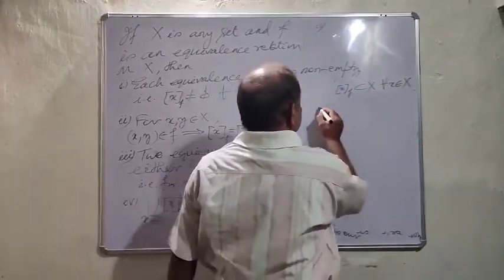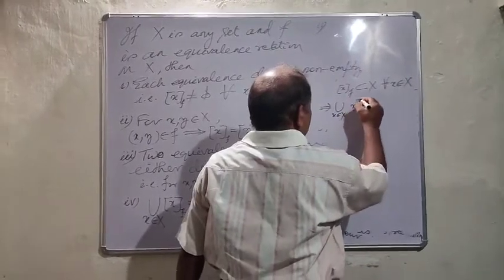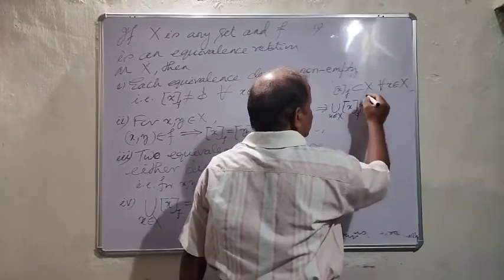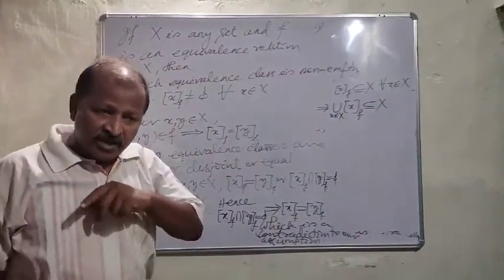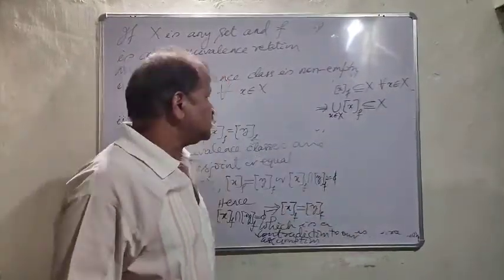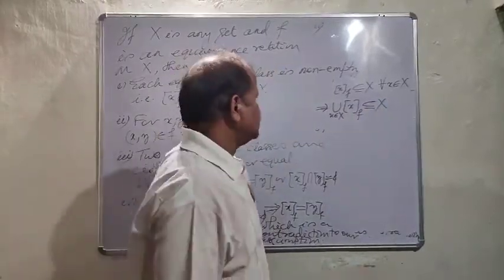That means their union of such subsets must be a subset of X. If you take the union of all the subsets of X, it must be a subset of X, right? Number one.